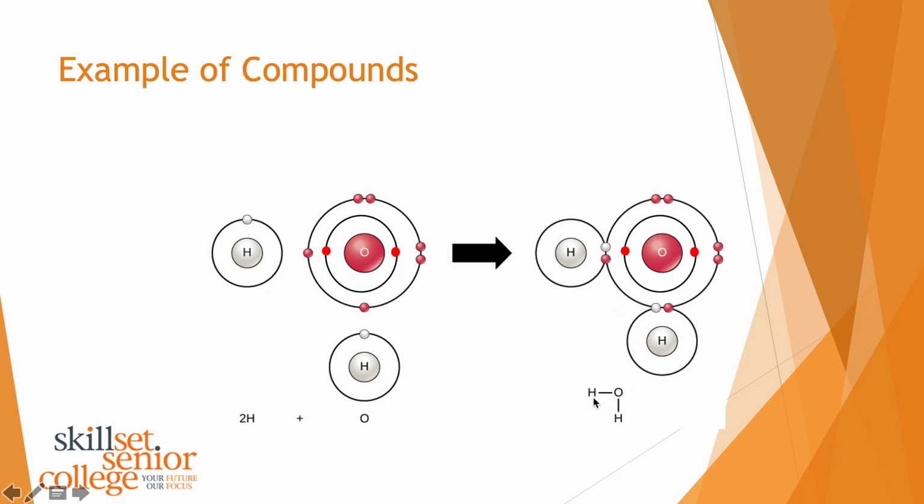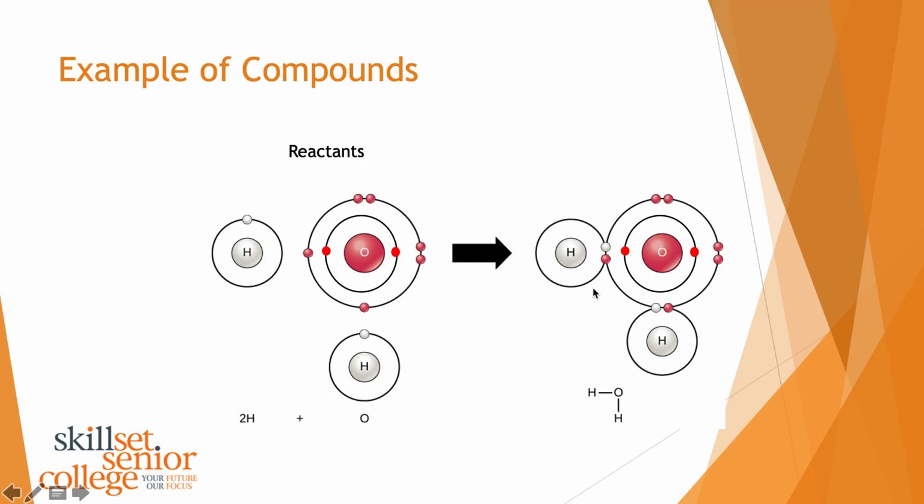We can draw it like this. This is quite complicated and quite a long time to draw. 2 H and 1 O. We can see now the hydrogen, by sharing one of the electrons from oxygen, now has 2 in its electron shell. It's quite happy. This hydrogen is sharing as well and has 2. It's quite happy. And oxygen now has 1, 2, 3, 4, 5, 6, 7, 8, 9, 10 total electrons, it has 8 in the outer electron shell. It's quite happy now as well.